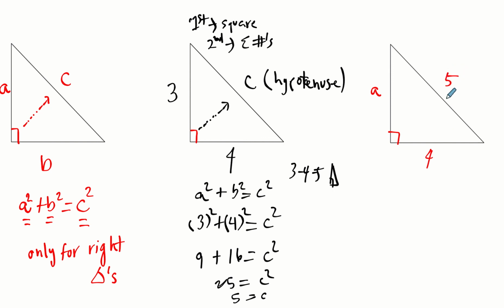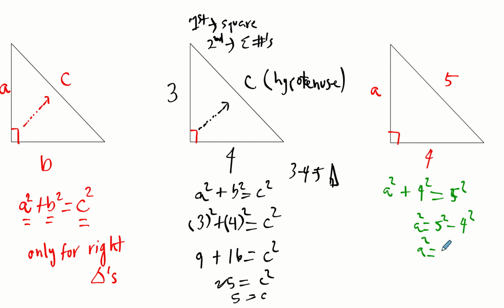We all know what the answer is, but let's see how we go about solving for that missing side length, which in this case we called A. So we'll start off with A squared plus 4 squared is equal to 5 squared. Solve for A. Let's go ahead and subtract 4 squared from each side. So we have A squared is equal to 5 squared minus 4 squared.